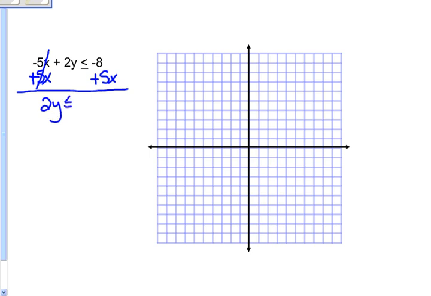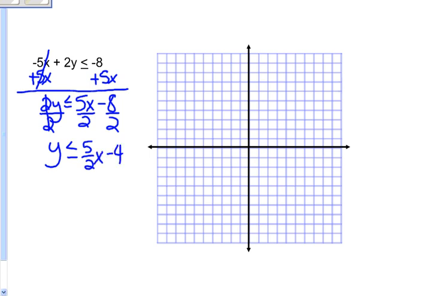We cannot combine the negative 8 and the 5x, so we like to put the 5x first, and then minus 8. And then I'm going to divide everything by 2. And we have y is less than or equal to 5 over 2 does not reduce, so 5 over 2x, and then negative 8 divided by 2 is negative 4.